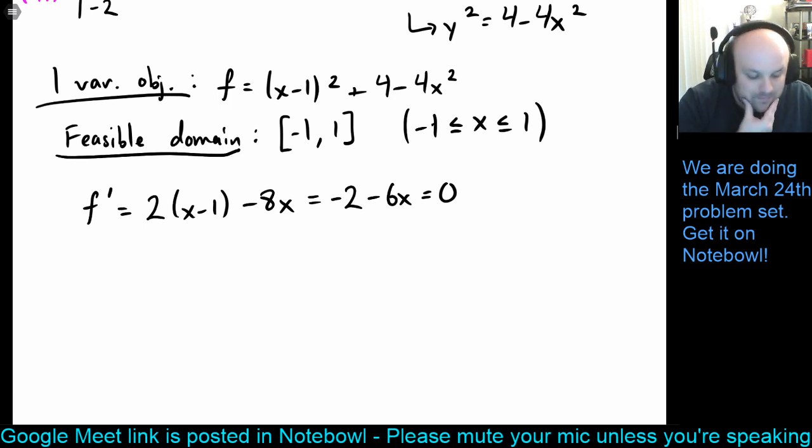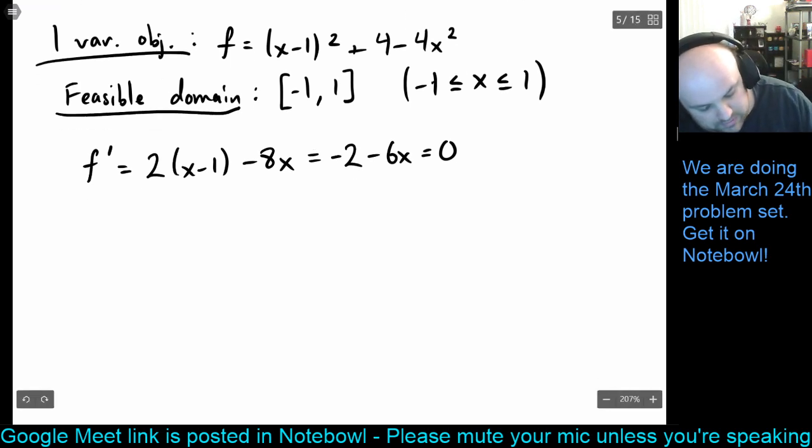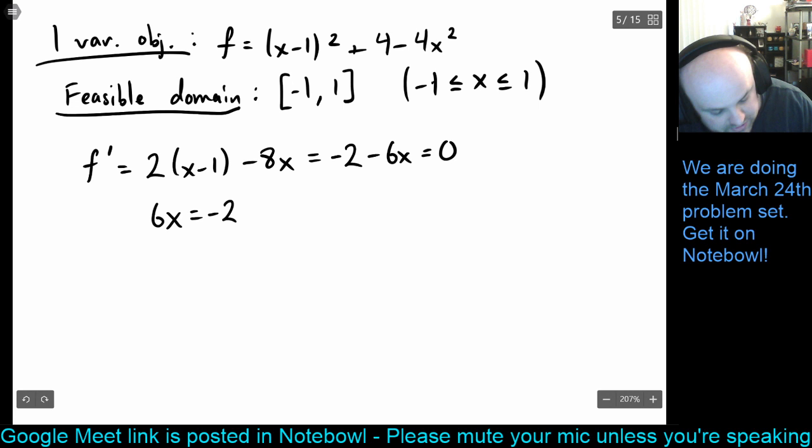And again, this function is never undefined, so we don't have to worry about any of those critical numbers. So this is saying that x equals, 6x is -2, and so x is -1/3.